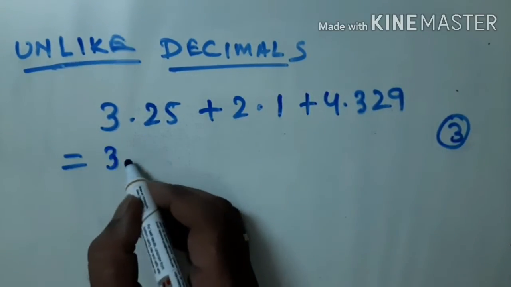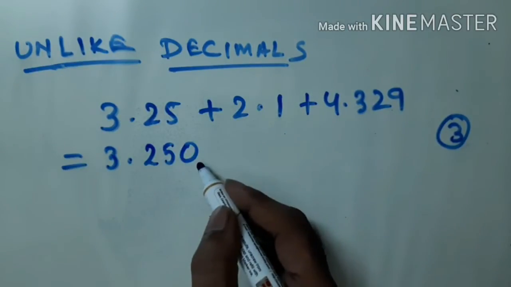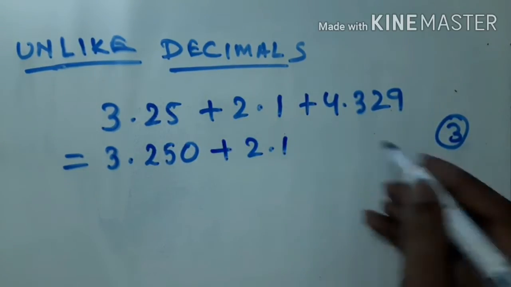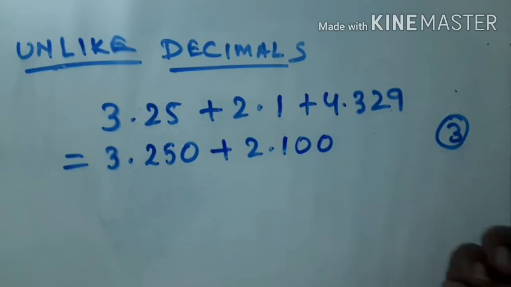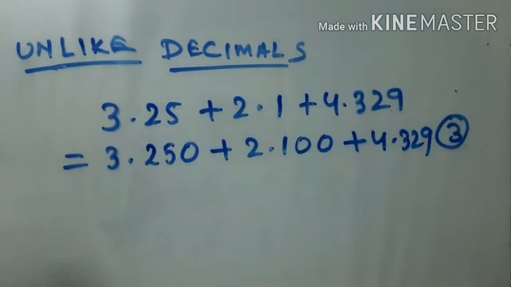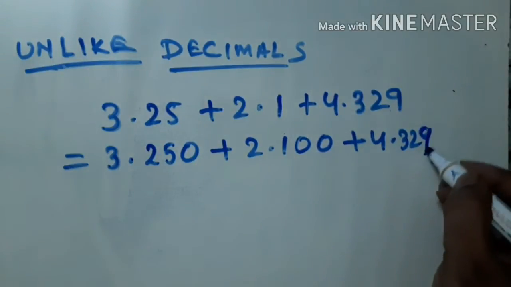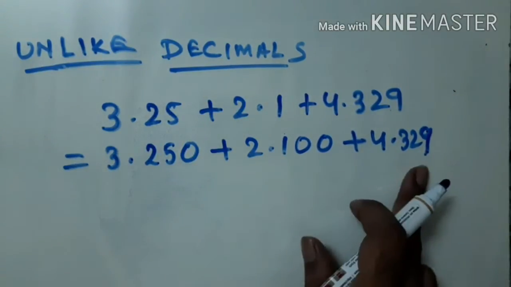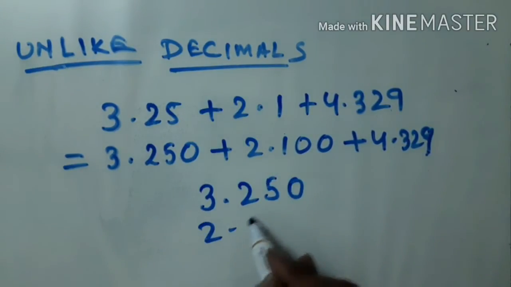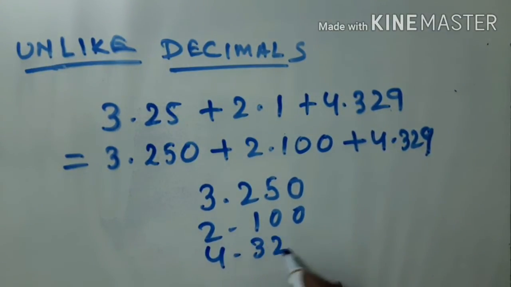So we can write 3.250. As we know, at the end of the decimal part we can put as many zeros as we want. So 2.1, we need 3 places. So 2.100 plus, it is already there, 4.329. So here we can see all the decimal numbers are having 3 decimal places. So they are now like decimals. So we'll just write it down: 3.250, 2.100 and 4.329.